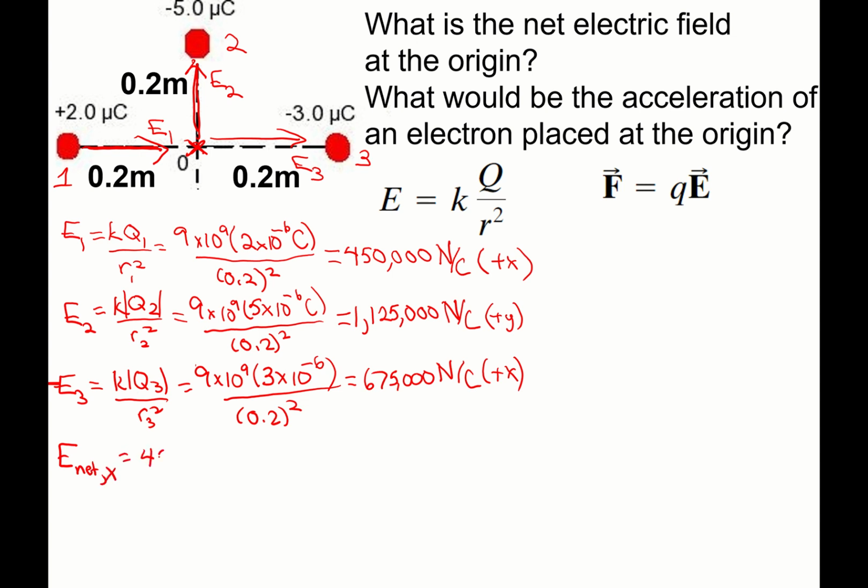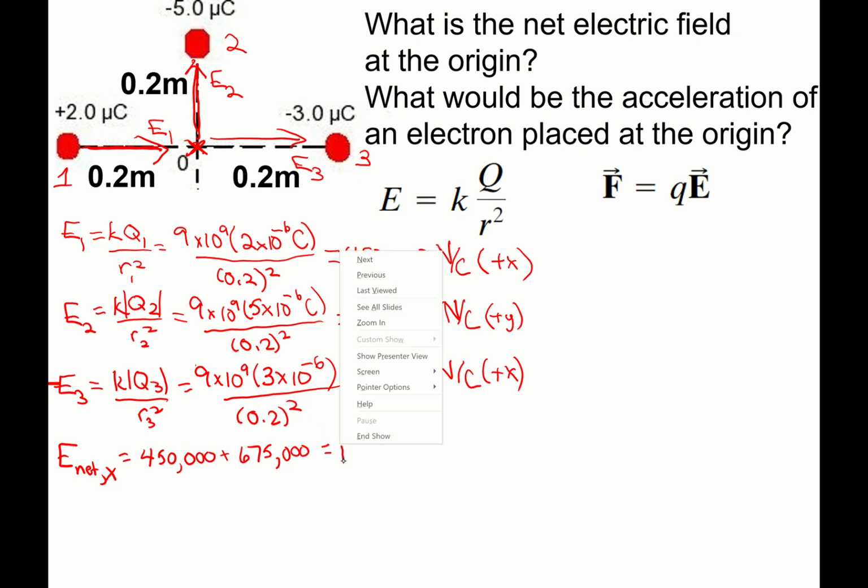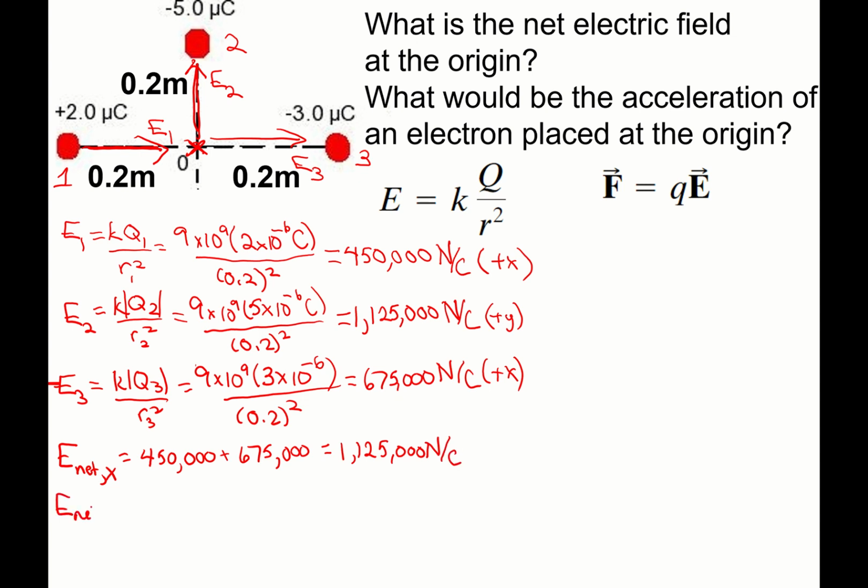So it's going to be 450,000 plus 675,000, which is going to give me, coincidentally, 1,125,000 newtons per coulomb to the right. And in the y direction, I just have E2, which is also 1,125,000 newtons per coulomb.